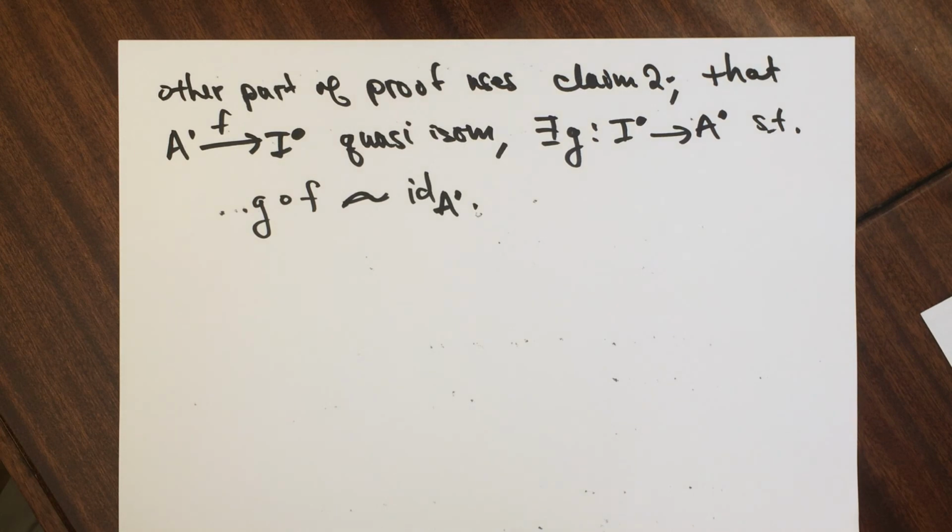So this describes how to look at morphisms in the derived category.